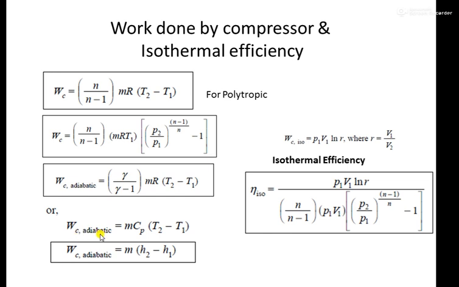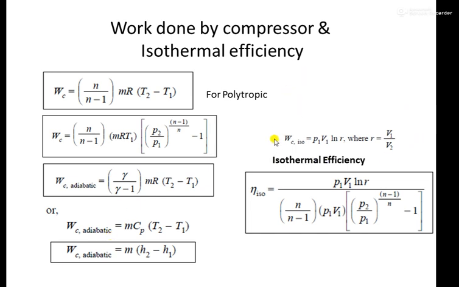Or the adiabatic work done can also be determined by this expression m Cp (T2 minus T1), where Cp is the specific heat at constant pressure, or it can be written as m into (H2 minus H1), the change in enthalpy. As we know, in an adiabatic process no heat is added or rejected to the system, so the work done will be equal to the change in enthalpy of the system, right?